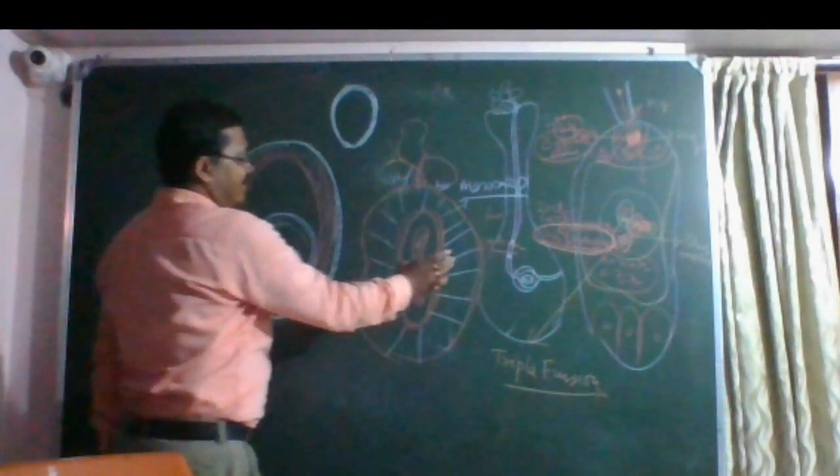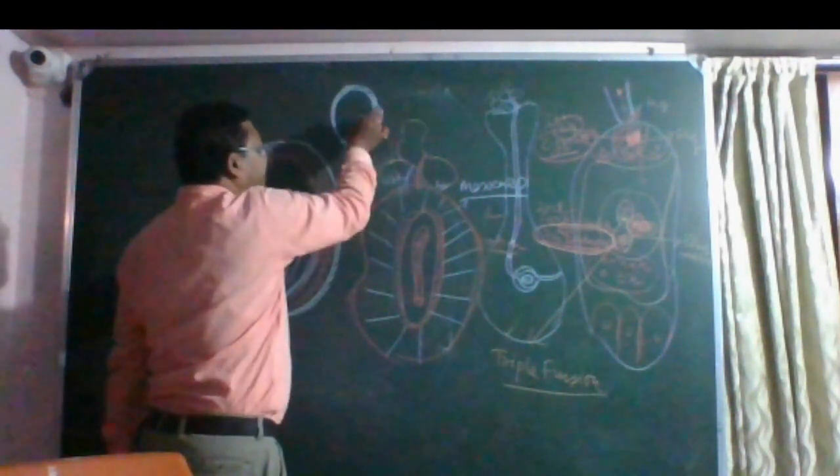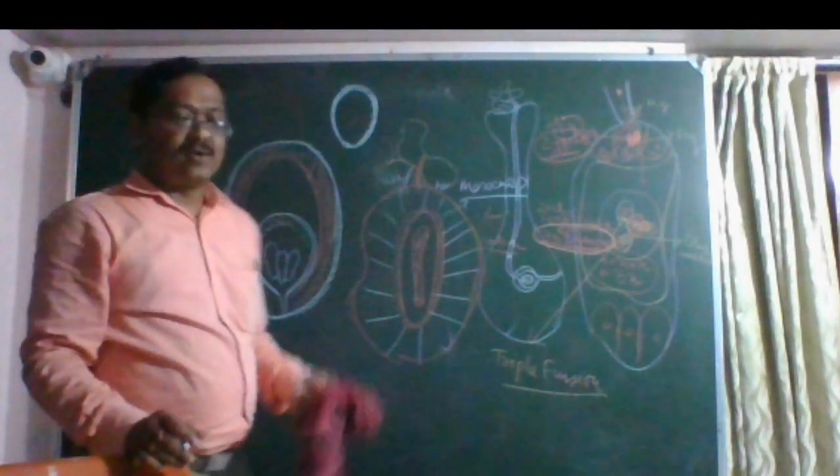When the three layers of the ovarian wall are fused with each other and it loses all its water content, this type of fruit is called a dry fruit. Generally, it is found in nuts.